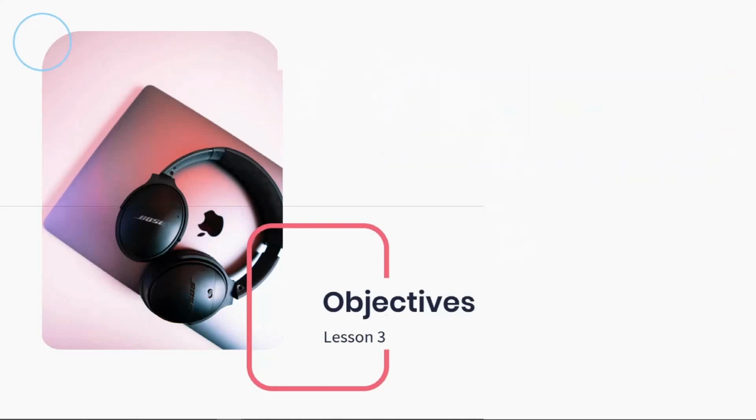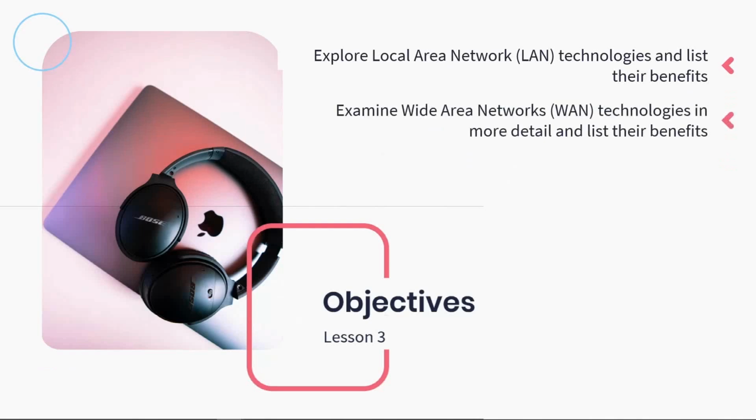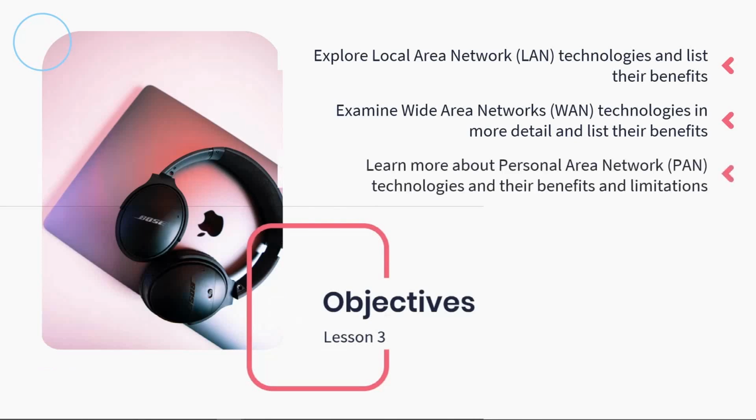We will explore local area network, LAN technologies and their benefits, examine wide area networks, WAN technologies in more detail and discuss their benefits, and learn more about personal area network, PAN technologies, and their benefits and limitations.